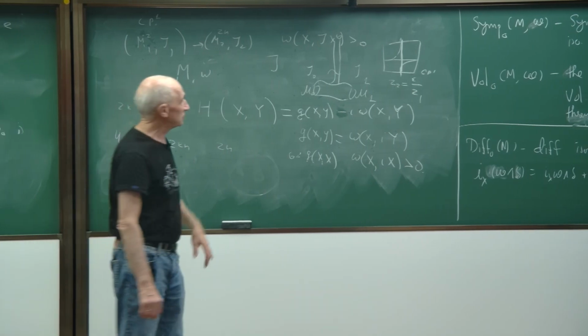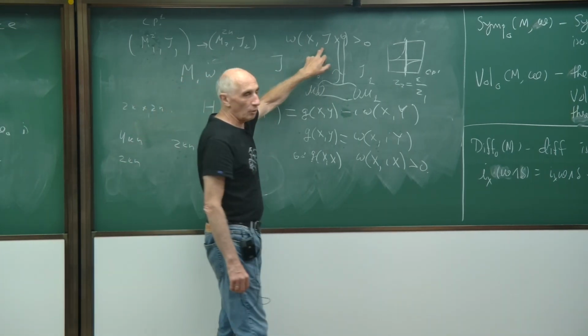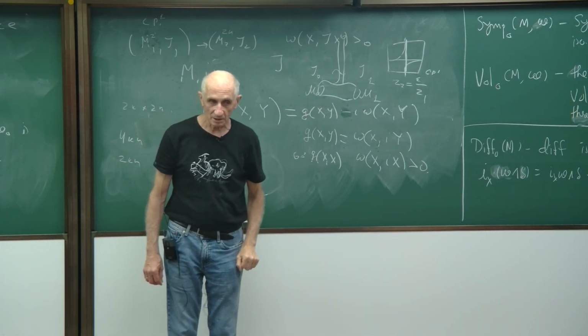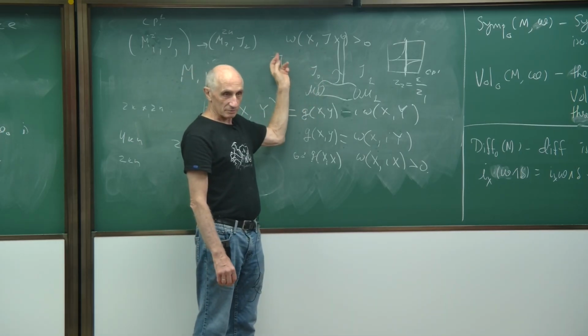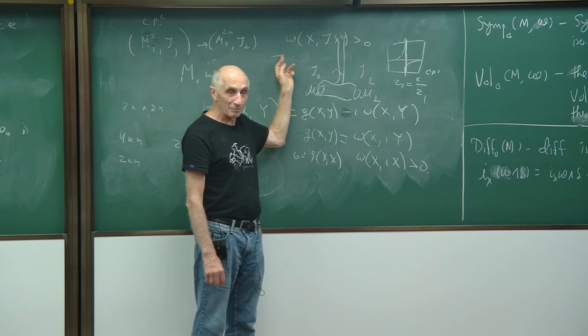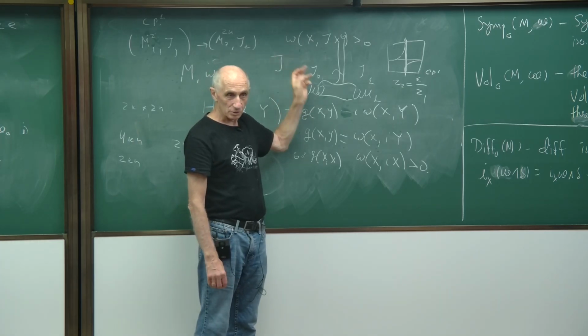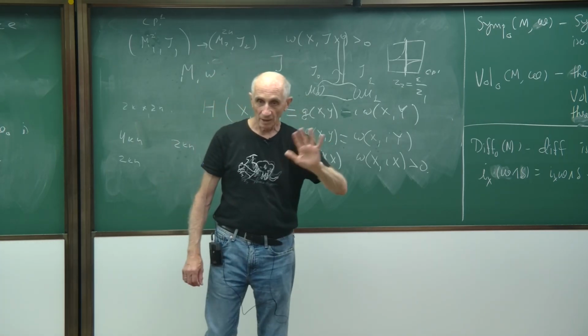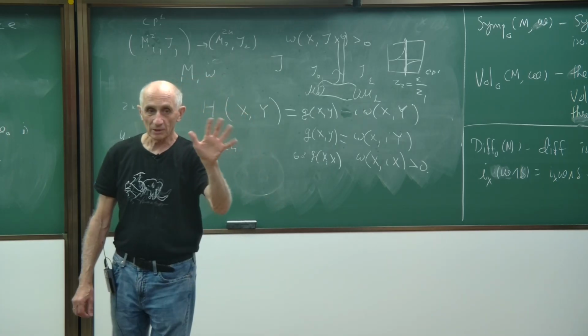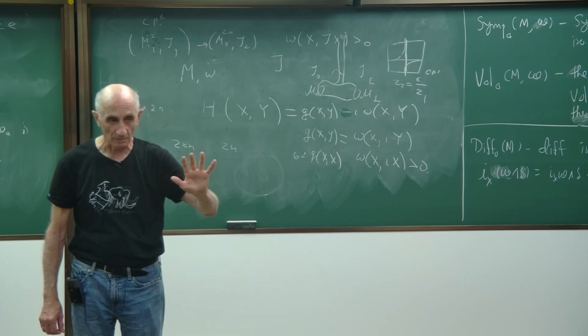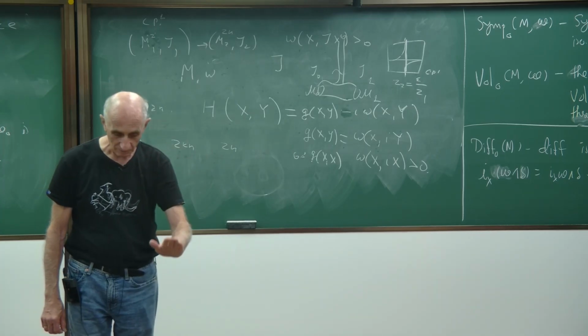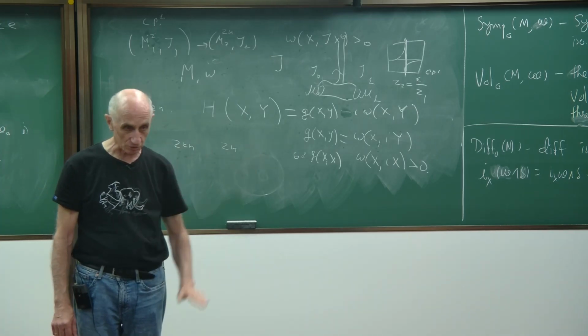But now suppose the complex structures which we consider are all tamed by some symplectic form. So you have a symplectic form, and it is positive on complex directions. You only consider those structures.